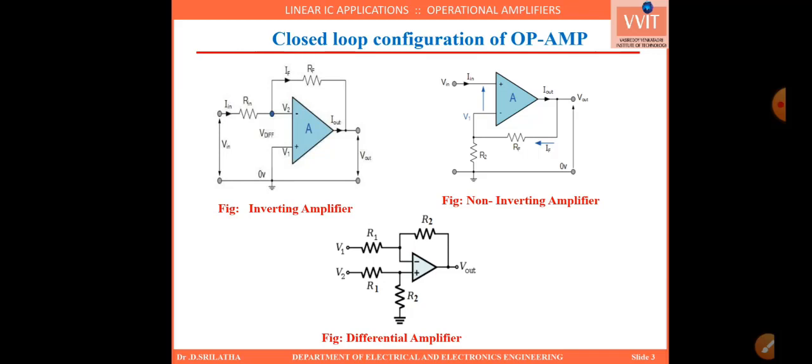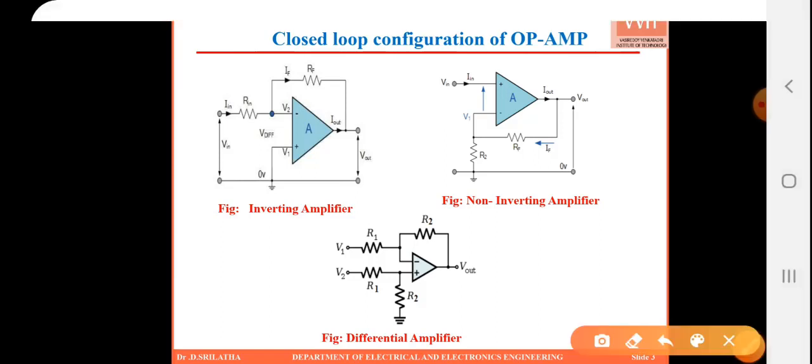So generally we go for closed loop configuration. Closed loop configuration of operational amplifier operates in three different modes. One is inverting amplifier, second is non-inverting amplifier, and third is differential amplifier.